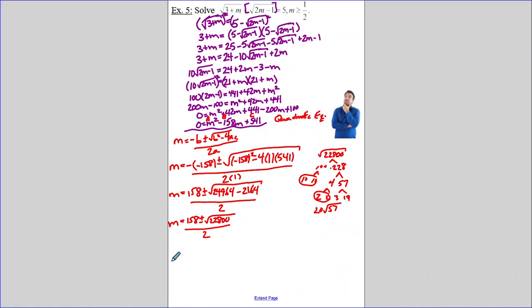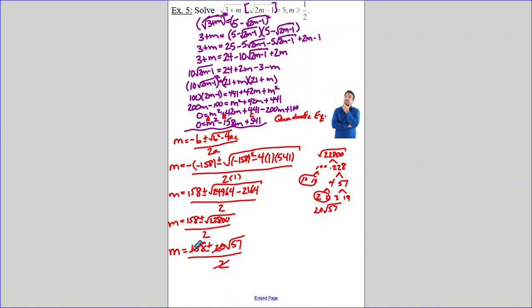So really this is just m is equal to 158 plus or minus 20 times the root of 57 all over 2. Now all of those are even numbers, the 158, the 20, and the 2, and so they can simplify a little bit.